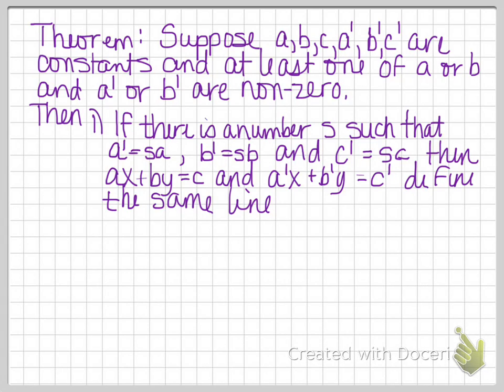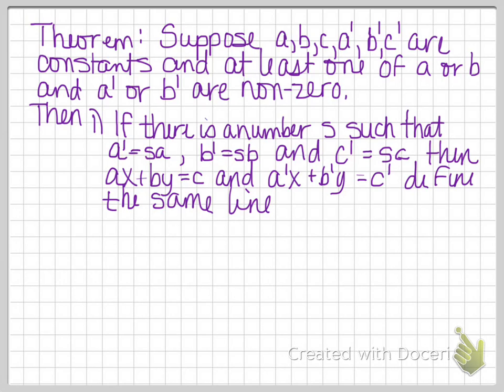The first one's this: if there is a number s such that a prime equals s times a, b prime equals s times b, and c prime equals s times c, then ax plus by equals c, and a prime x plus b prime y equals c prime define the same line.